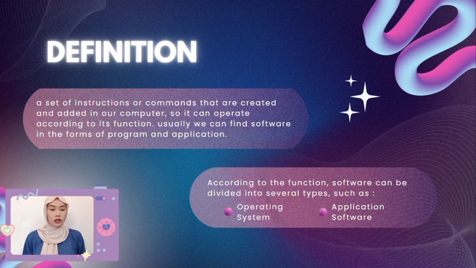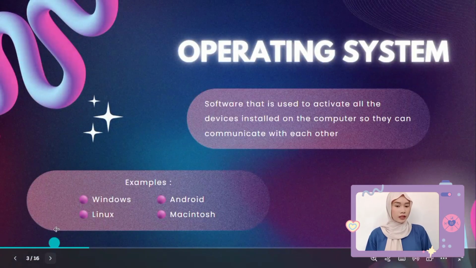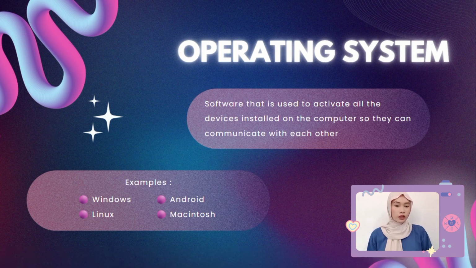According to function, software can be divided into several types, such as operating system and application software. So what is an operating system? An operating system is software that is used to activate all the devices installed on the computer so they can communicate with each other. The operating system is usually seen when we first turn on our device.